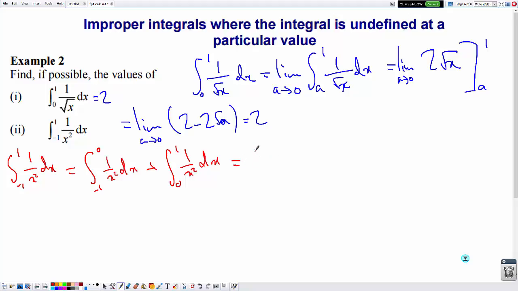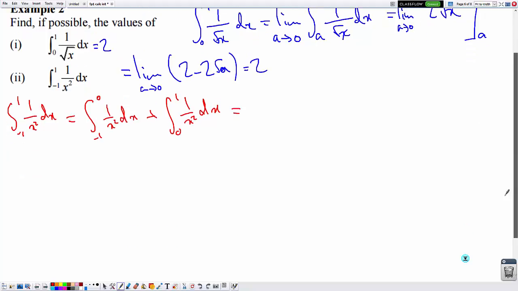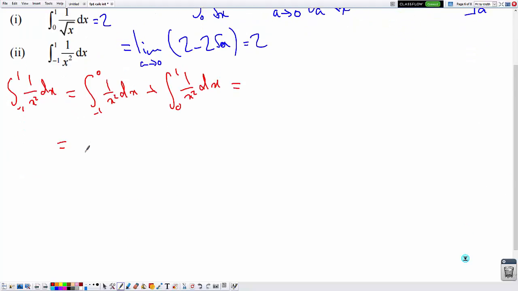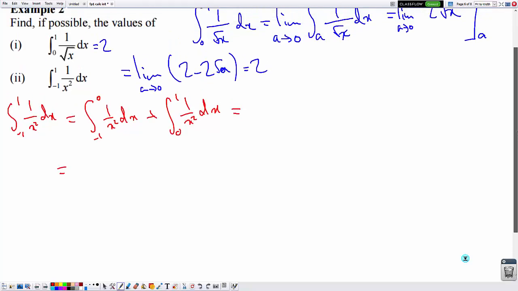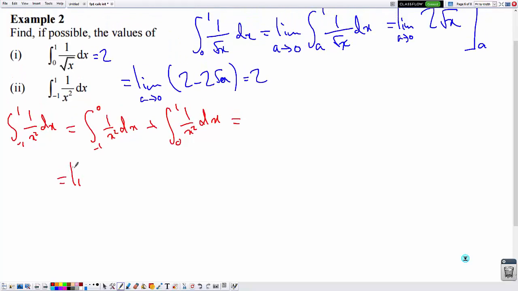So this is equal to, and I'll write it underneath, the limit. I'm going to replace this 0 with an a. As a tends to 0, the integral from minus 1 to a of 1 over x squared dx, plus, now this time, it's a separate one.